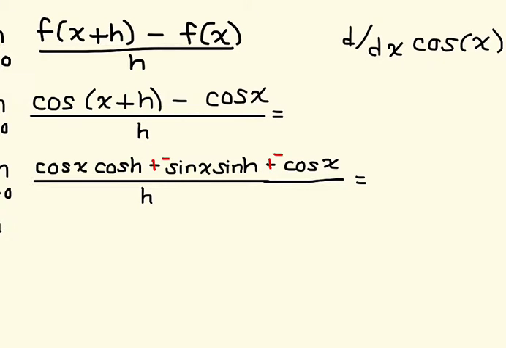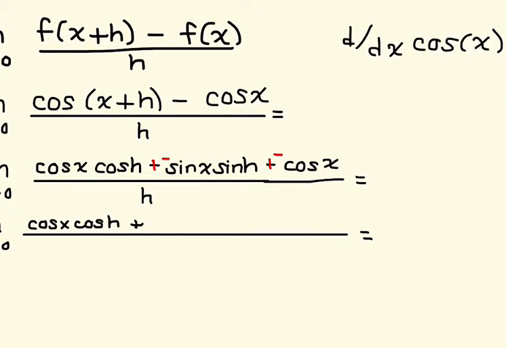And when you're doing this on the AP exam, don't take shortcuts and not write the limit each time or you'll lose points, because the limit is a limit until it's fully resolved. So I want to put the cosines together. I'm going to start with the cosine of x times the cosine of h, and add the last term, the negative cosine of x. And then I'll add the middle term, the negative sine of x sine h.